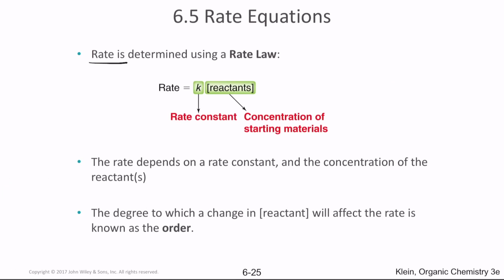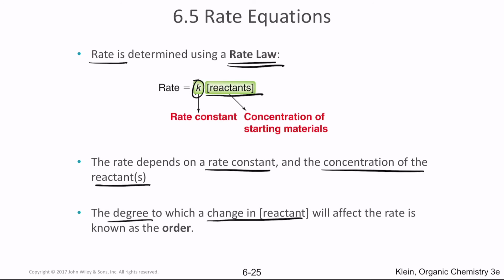The rate here is generally determined using what we call the rate law. Rate law is k times the concentration of the reactants, where k is the rate constant. There is no concentration of the products used here. The rate depends on the rate constant and the concentration of the reactants. The degree to which a change in reactant will affect the rate is known as the order of the reactant.